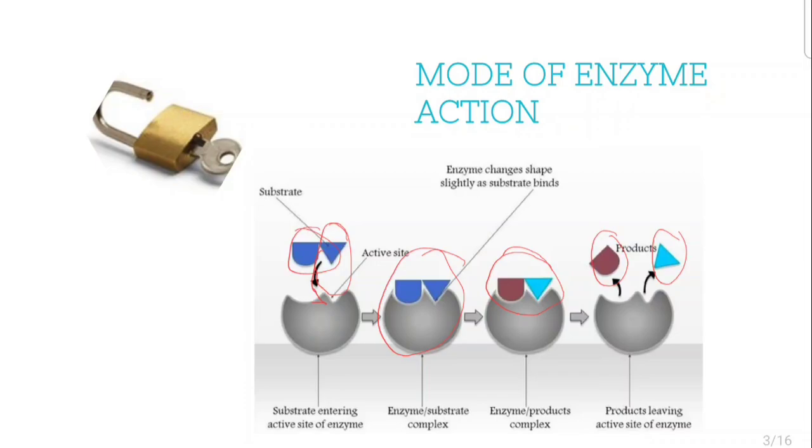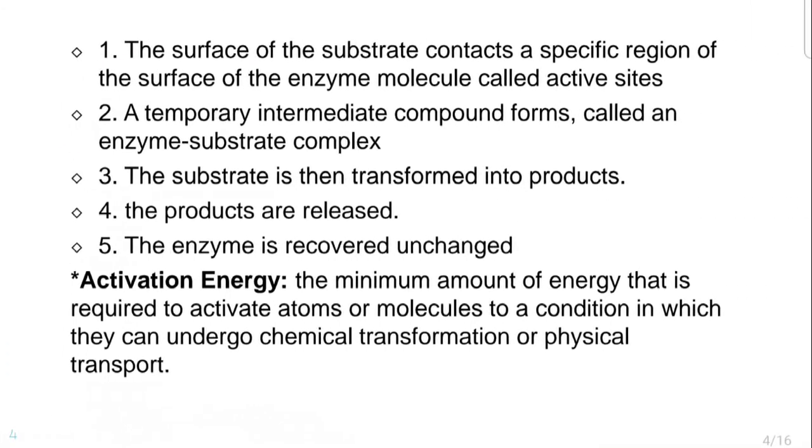Only the substrate changes. So the surface of the substrate contacts a specific region of the surface of your enzyme molecule. This is now called your active site. A temporary intermediate compound formed is called your enzyme substrate complex. That is the combination of your enzyme and your substrate. And the substrate is then transformed into your product.